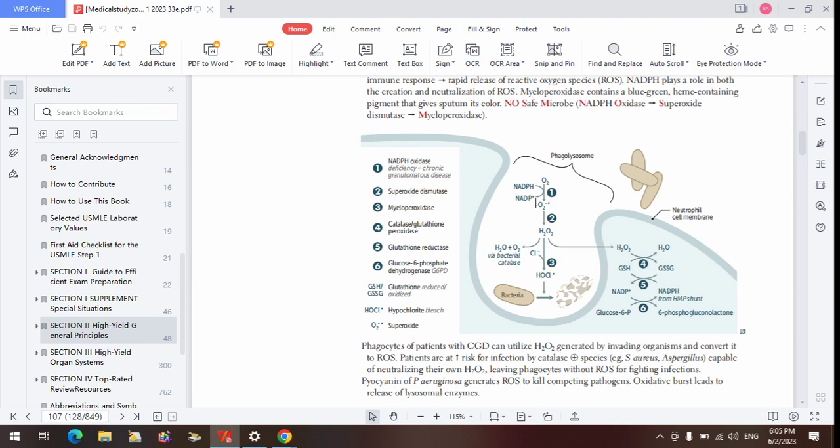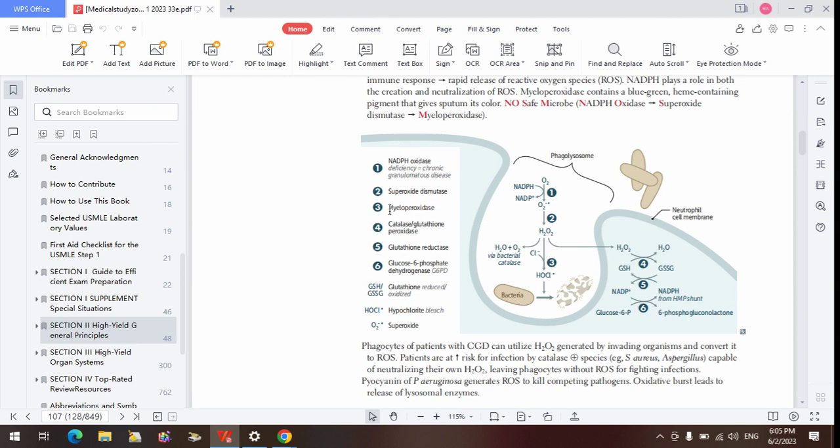That reaction is driven by what we call NADPH oxidase, the phox enzyme. NADPH oxidase oxidizes oxygen to superoxide. The next thing is this superoxide is converted to hydrogen peroxide.